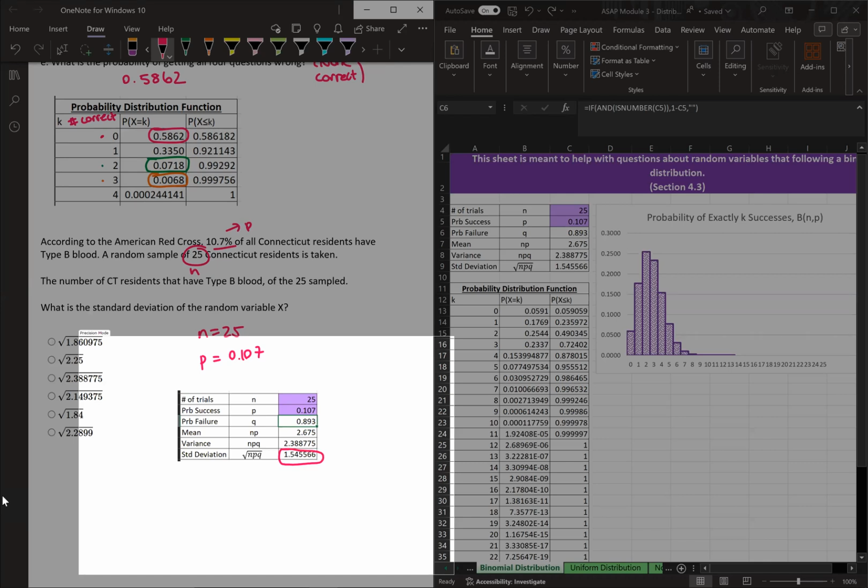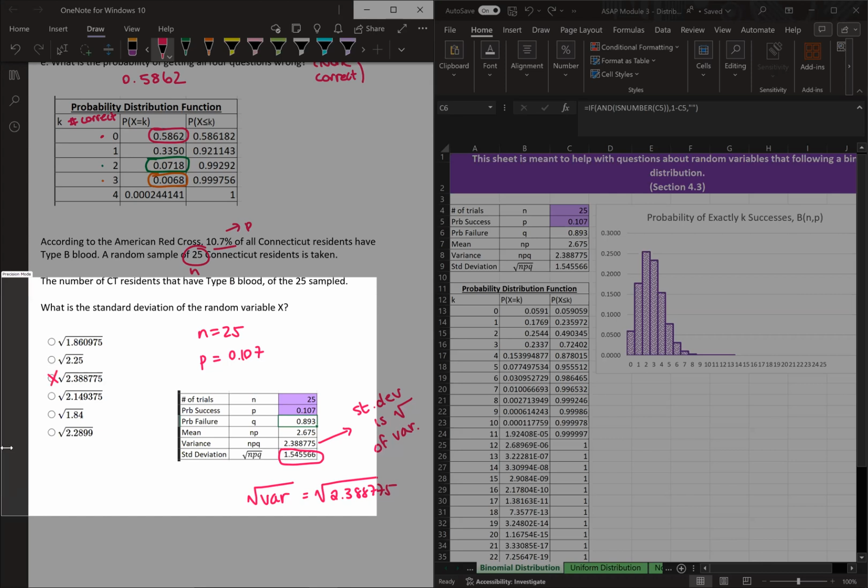But what we have to appeal to is the fact that standard deviation is the square root of variance. So it's going to be the square root of 2.388775. Do we have that in our answer choice? Absolutely. So that's how you do that.